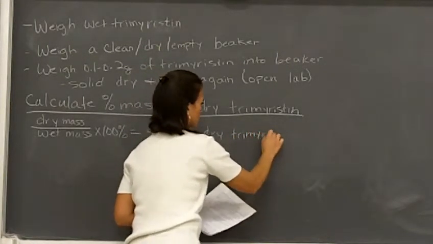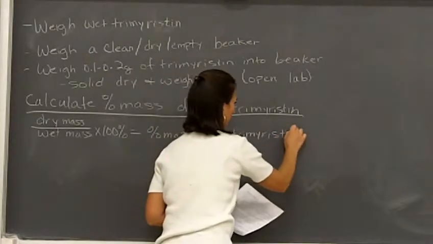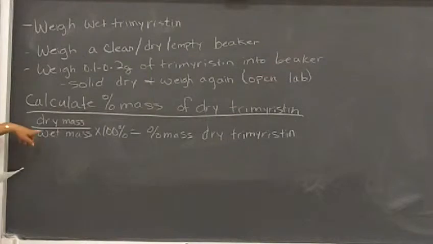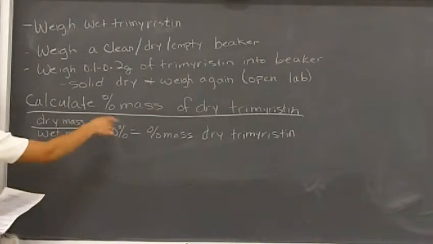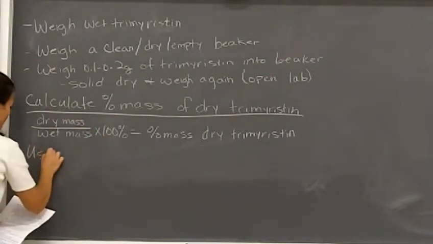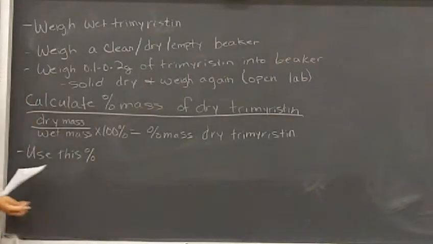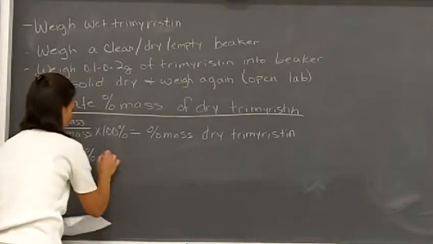So we're getting a percentage, okay? Then we're going to use that percent, and you're going to calculate how much trimyristin you actually got from the extraction.